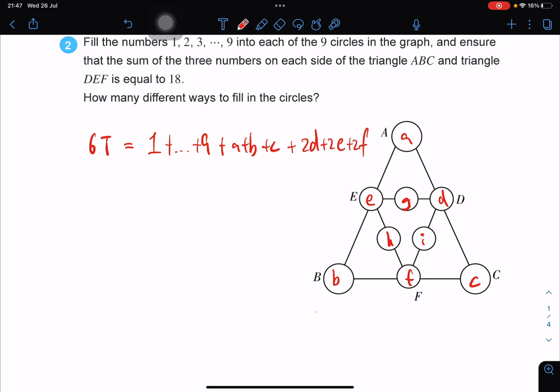So if I want to find out the number of ways to fill in the circles, that's going to be slightly more complicated. Because you can see that GHI, DEF, and ABC are like 3 groups, which are counted 1, 2, and 3 times. So there's a gradient in there.